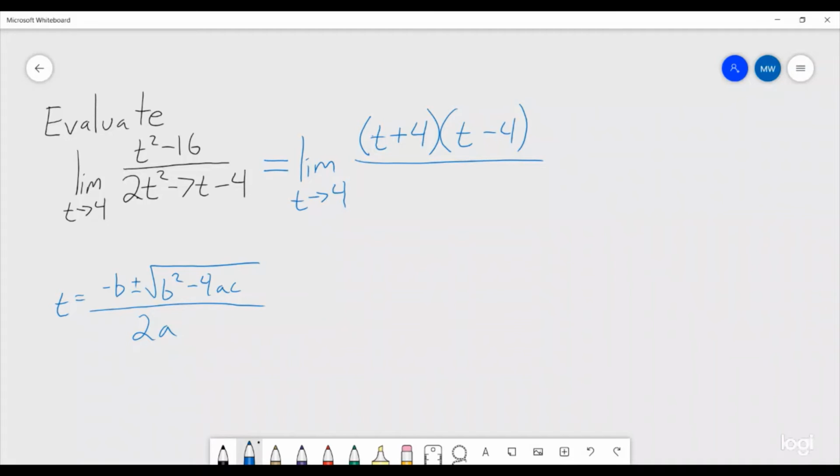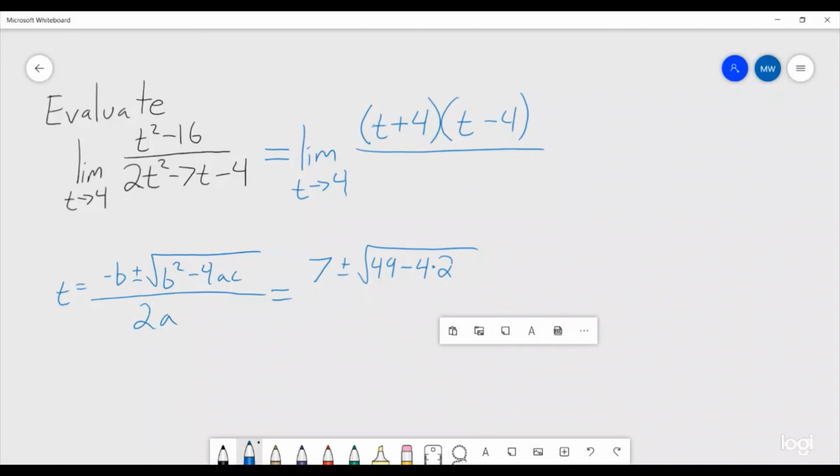And now we're going to go through and figure out what these specific values are. So b in this case is negative 7, so that'll become a positive 7 plus or minus the square root of b squared, 49, minus 4 times a, 2, times c, negative 4, all over 2a. A was 2, so that's all over 4.